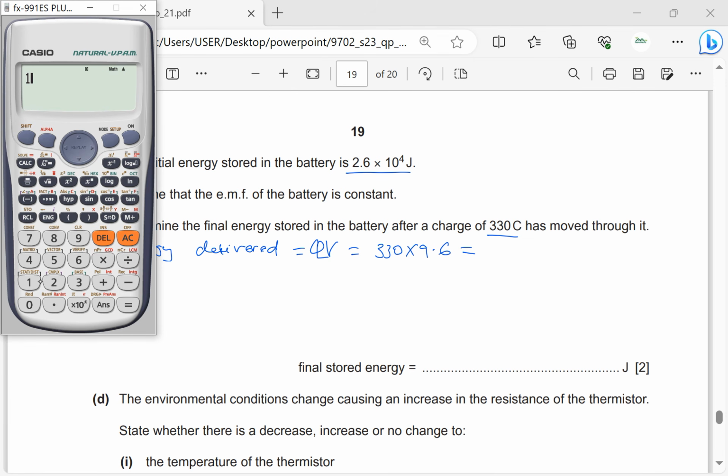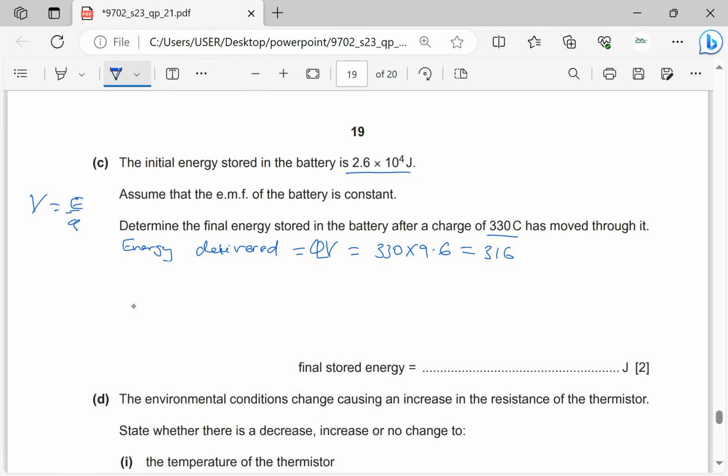So 330 times 9.6. So this is 3168 joules. That is the energy delivered. So what final energy is stored? The energy which remains, final stored energy, is going to be equal to 2.6 times 10 power 4 minus 3168.